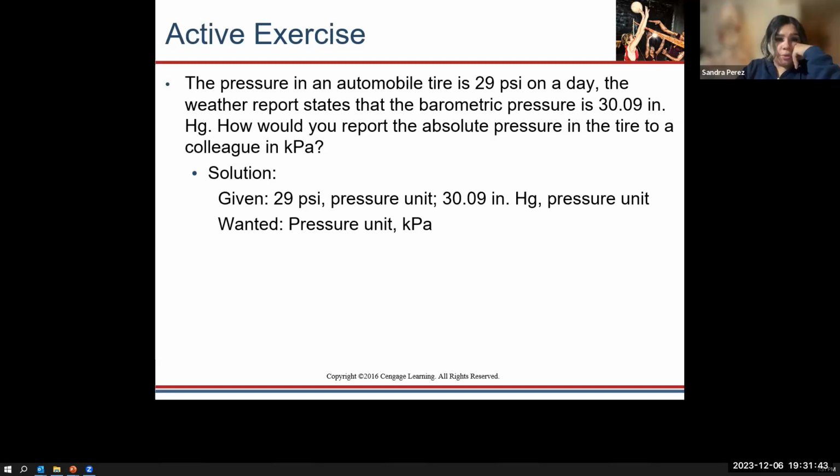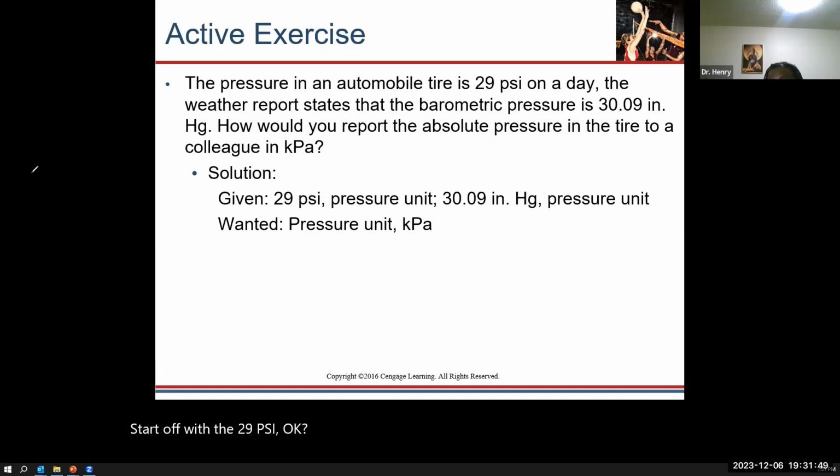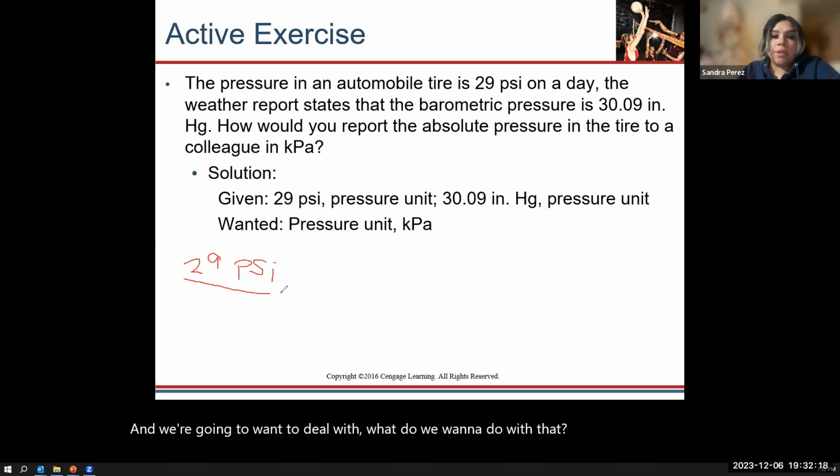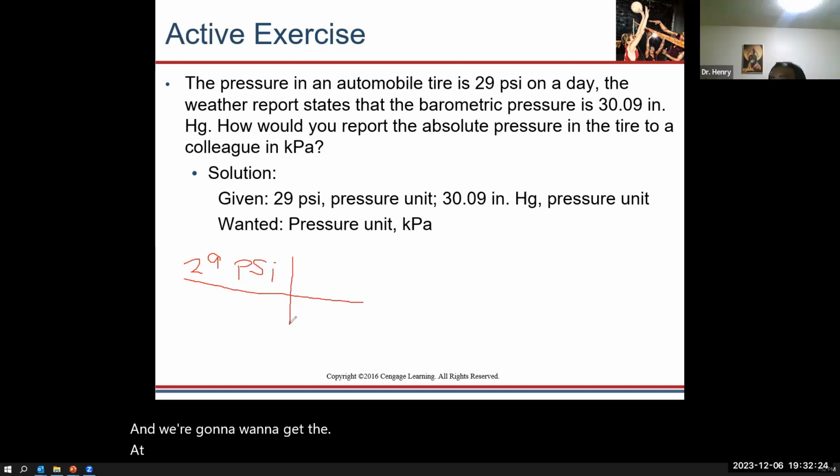So would we start off with the 29 psi? And what do we want to do with that? Well, we want to get to kPa.